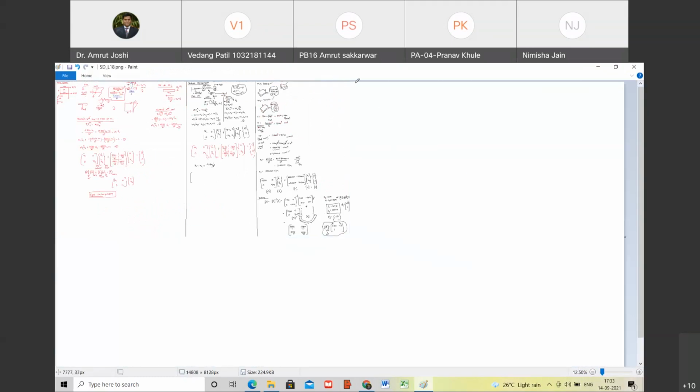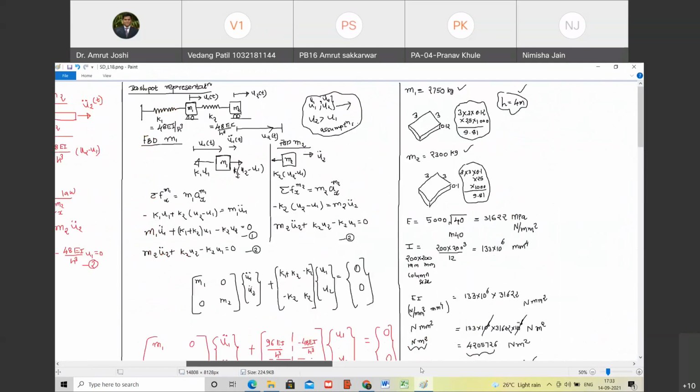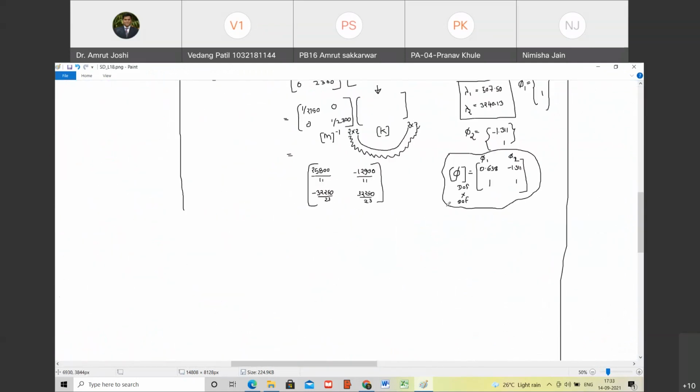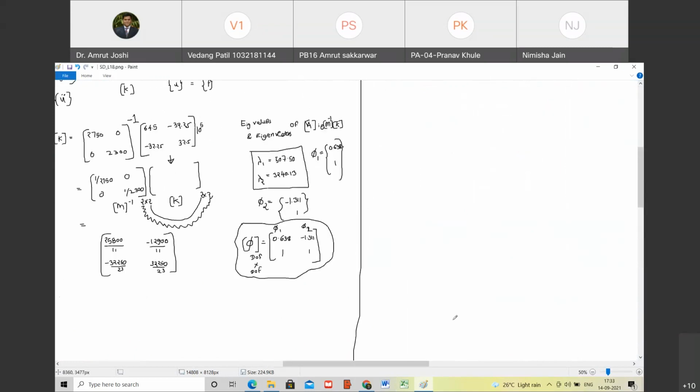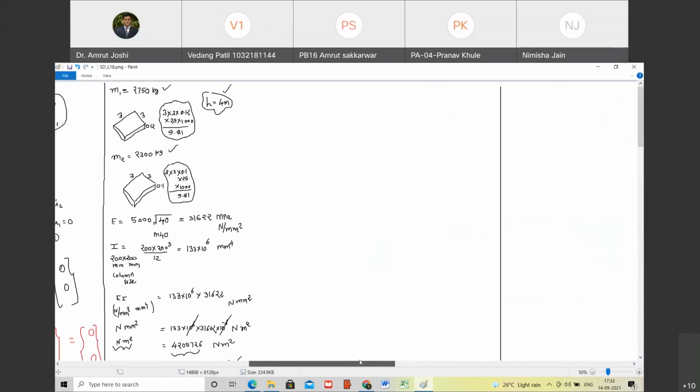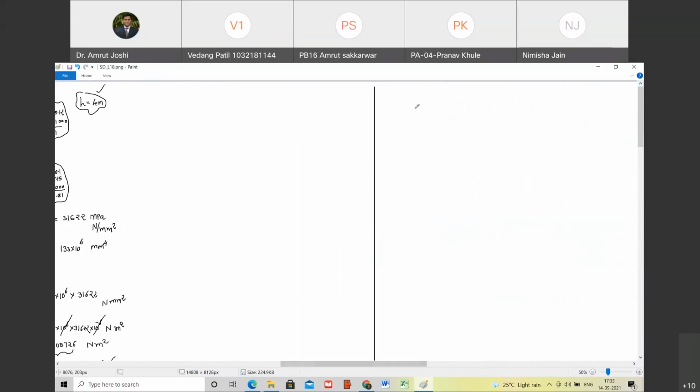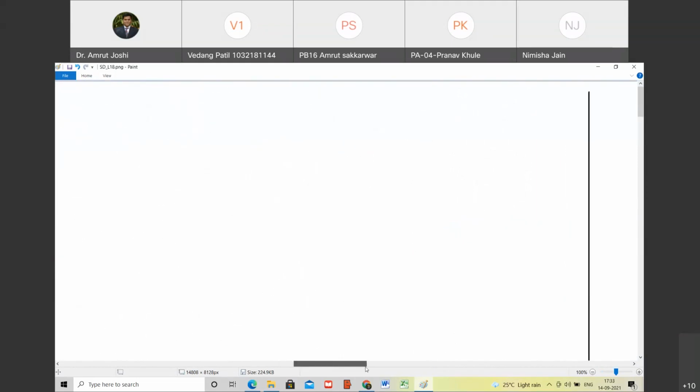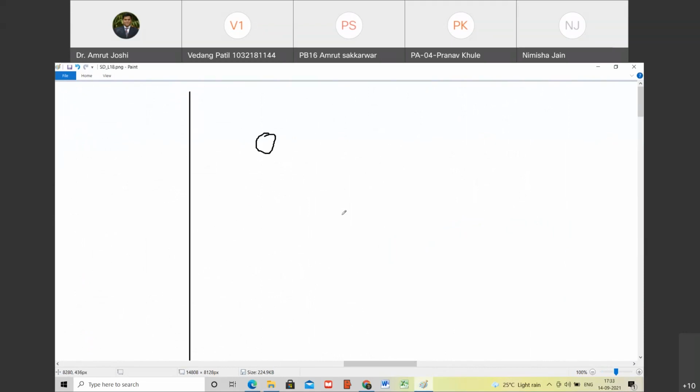Now we are going to do 2 more calculations. Calculation number 1. This phi matrix, multiplied by the K matrix.